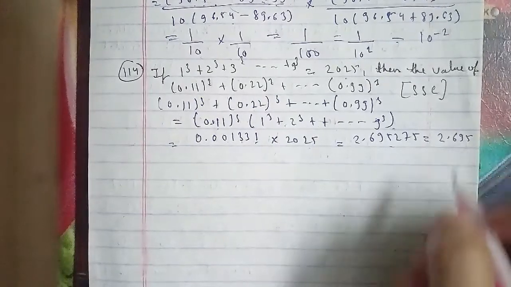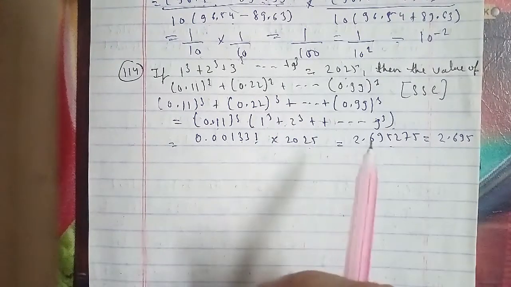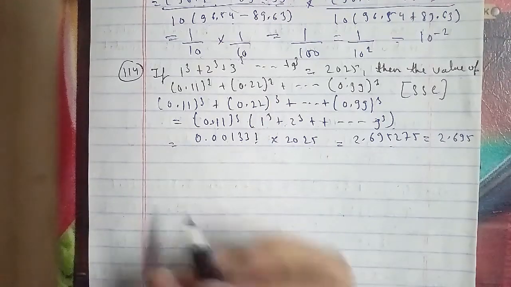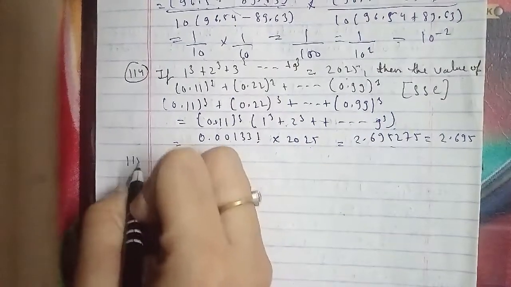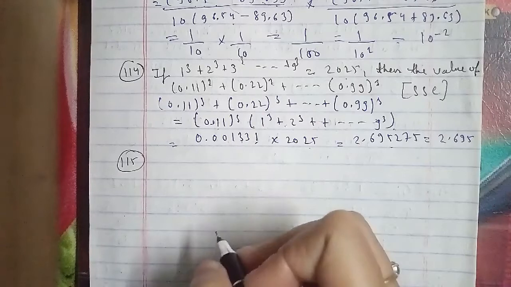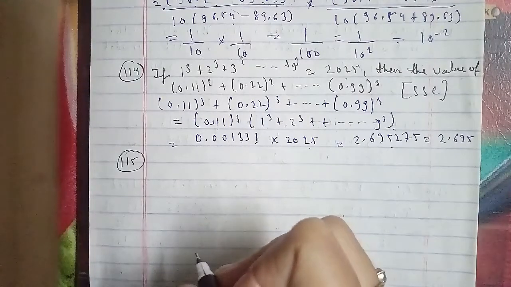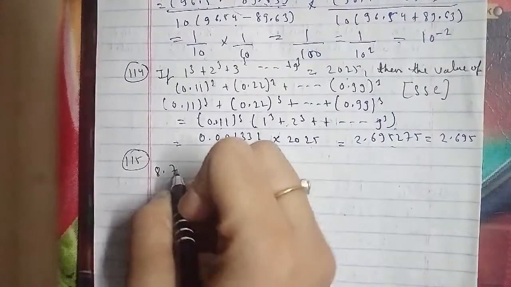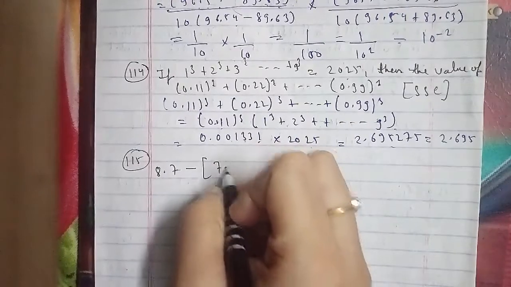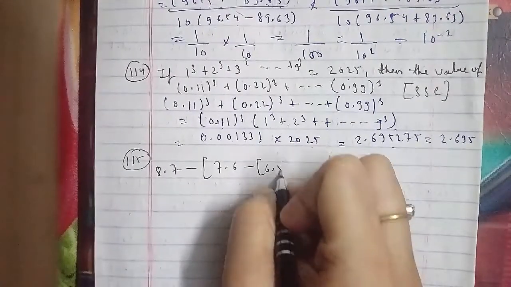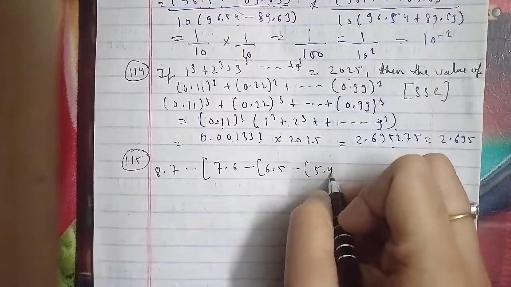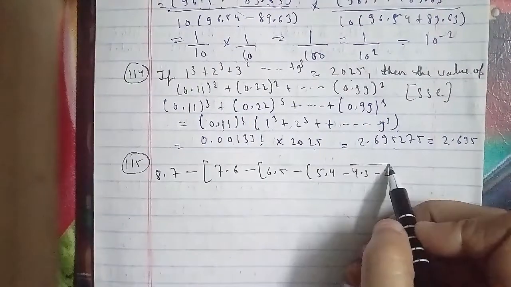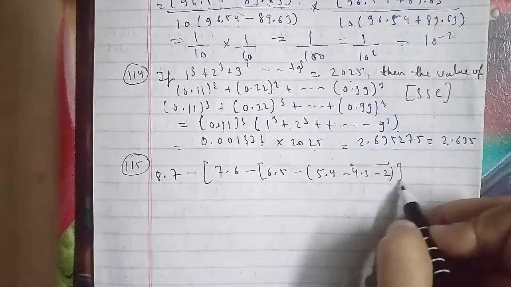Here we have 8.7 minus 7.6 minus 6.5 minus 5.4 minus 4.3 minus 2, with a bar over 4.3 minus 2, and that has been asked in the SSC examination paper. The options are 2.5, 3.5, 4.5 and 5.5.